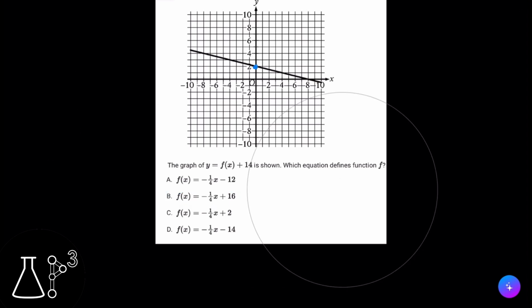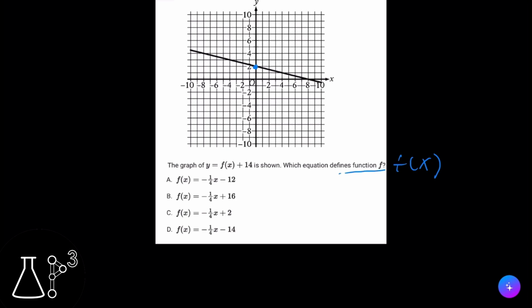Analyze it. We're looking for the original function f. So f of x. The function above is f of x plus 14. So the graph above is already adding 14 to f of x.